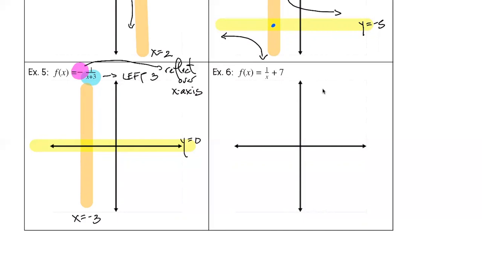Now, because of the reflection, the branch that was in the top right, like up here where the question mark is, that one gets reflected. So now it's in the bottom right, okay? And the branch that was in the bottom left, well, that one gets reflected to be in the top left now, okay?